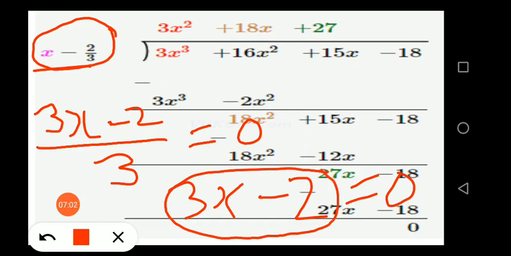You divide this polynomial 3x cube plus 16x square plus 15x minus 18 by 3x minus 2. Okay, divide and then tell me what is the quotient and remainder you are getting.